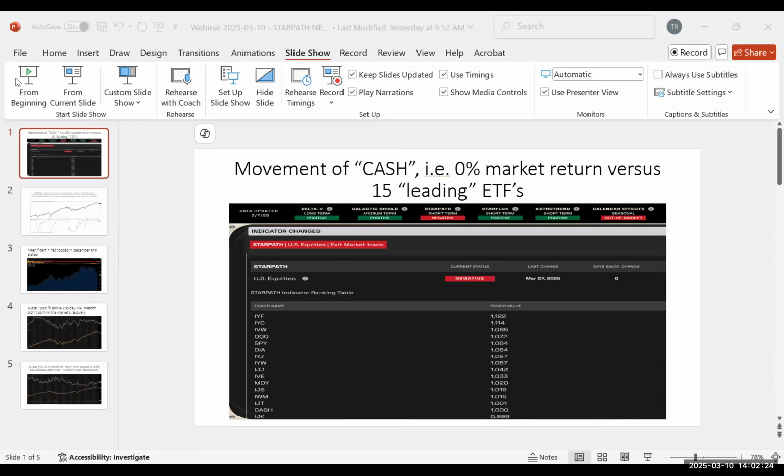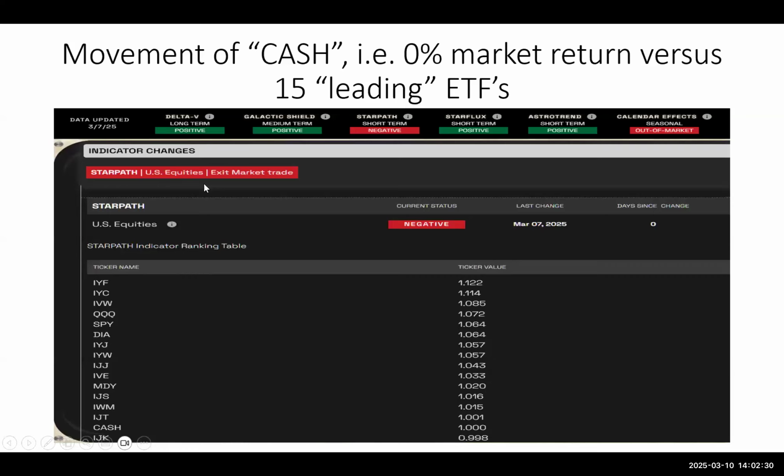I'm going to share screen here, and I did some quick slides going over some interesting overall information as well as Sherman specific. So let's start off with the Starpath indicator. It used to be called, or one of the names was, balance of strength signal.